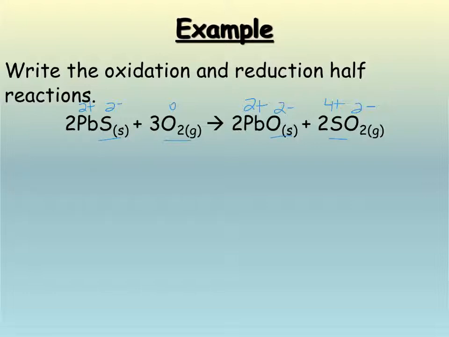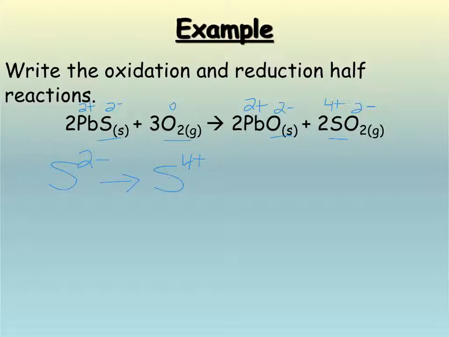I'll start with my S's. I've got an S 2 minus, and over here, it is turning into an S 4 plus.